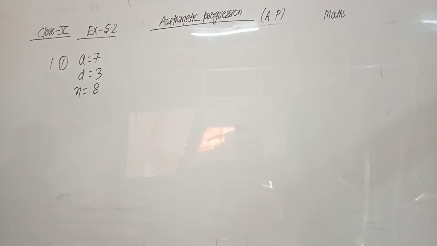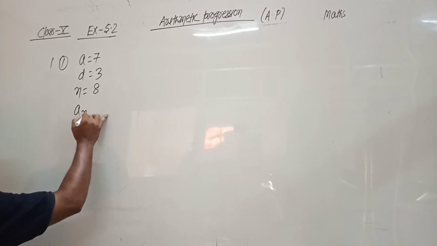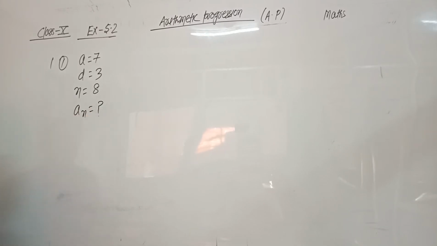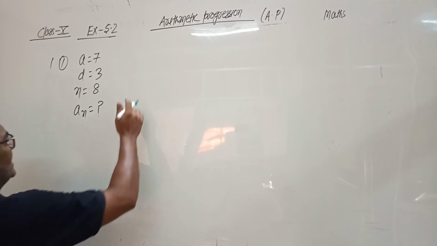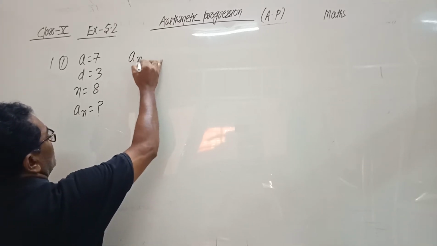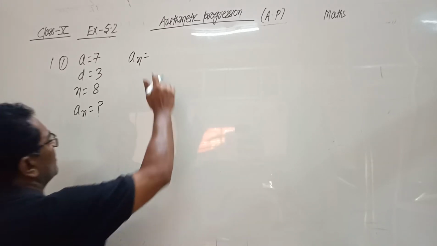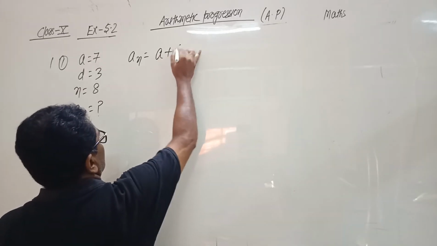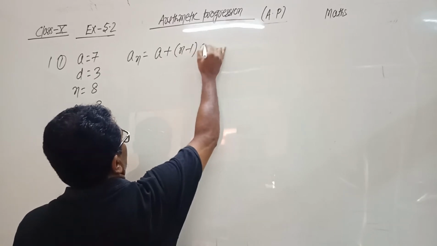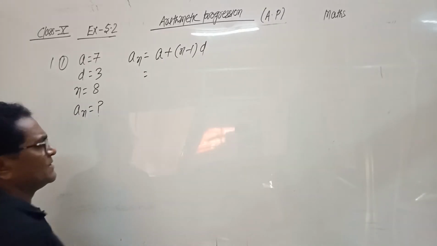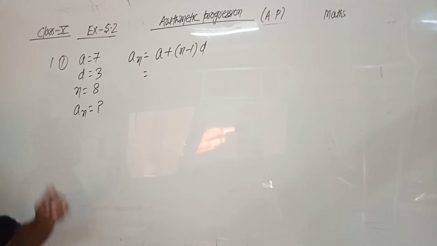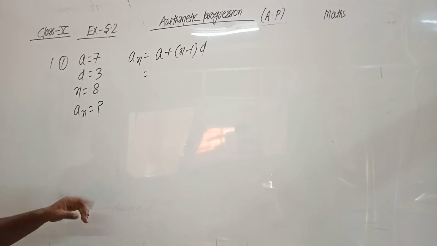And we have to find An. So we use the formula for finding An. An is also called the last term, and the formula for An was A plus (N minus 1) into D, where A is the first term, D is the common difference, N is the number of terms.